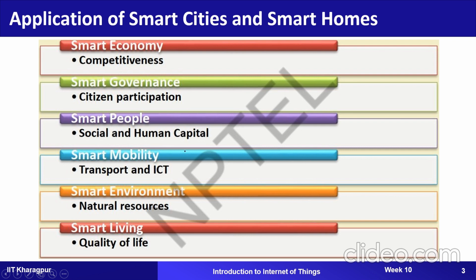Then smart environment. In a smart environment, different methods are used to prevent natural resources from depleting and to optimize these natural resources. Then smart living. Smart living means to optimize or improve the quality of life.